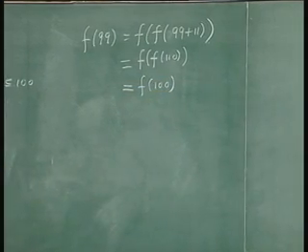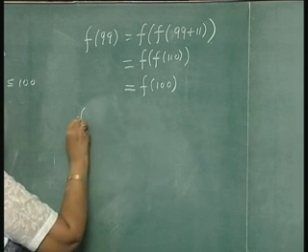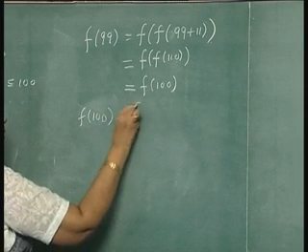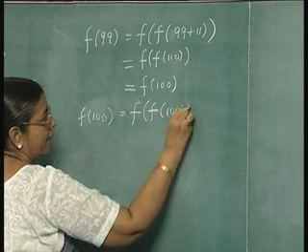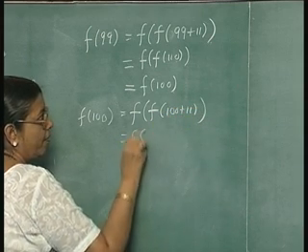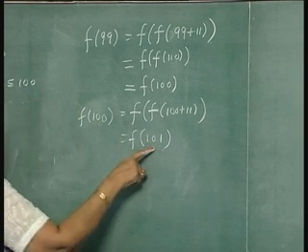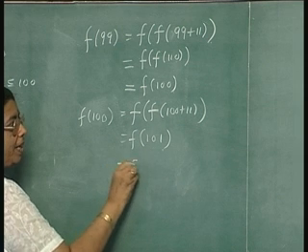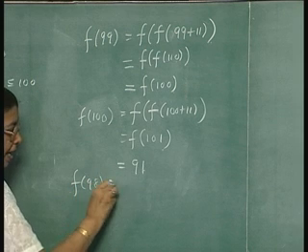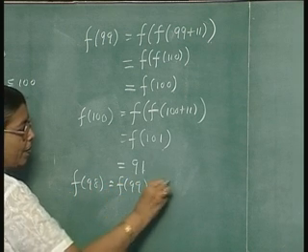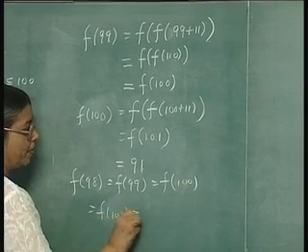So, you find that f of 98 is equal to f of 99 equal to f of 100, and what is that? f of 100 is equal to f of f of 100 plus 11, that is f of f of 111. This is still greater than 100. So, this will be 91. So, you find that f of 98 equal to f of 99 equal to f of 100 equal to f of 101 equal to 91.